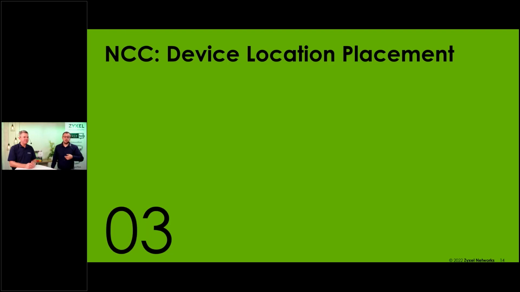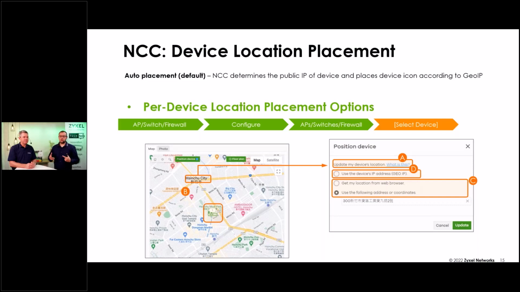Next up, we have the device location placement. If you take a look at any device in Nebula, you can see on the map where the device is. Beforehand, that was done automatically, depending on where the device was.